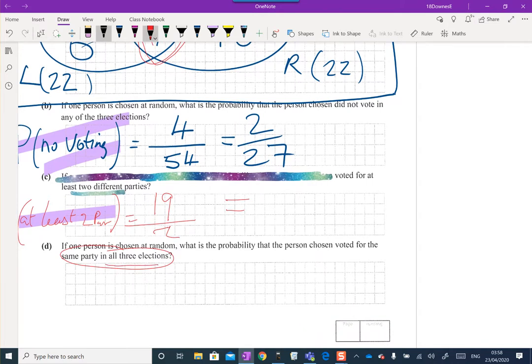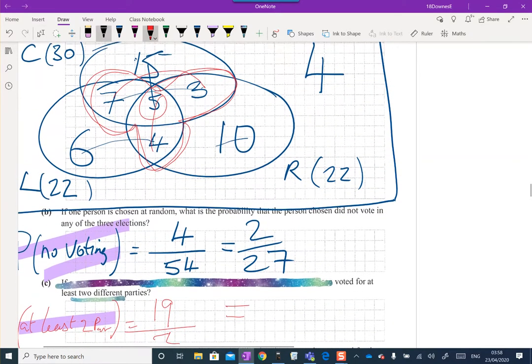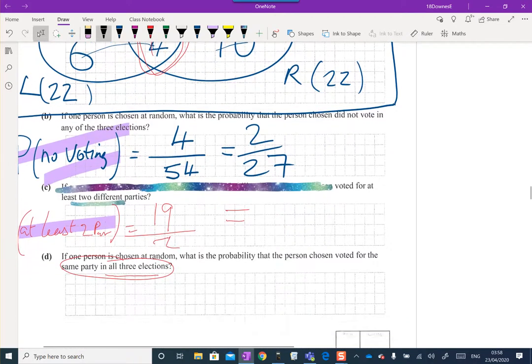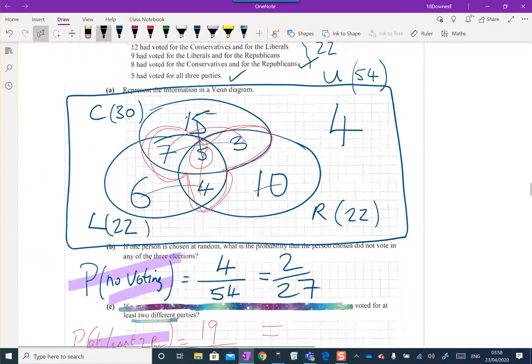What's the probability the person, if a person is chosen at random, what is the probability that that person voted for the same party in all 3 elections? Can we really tell?